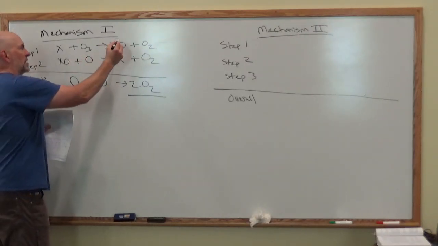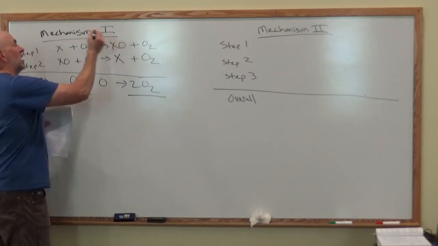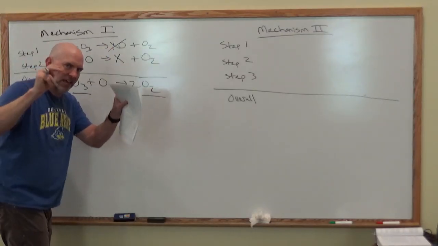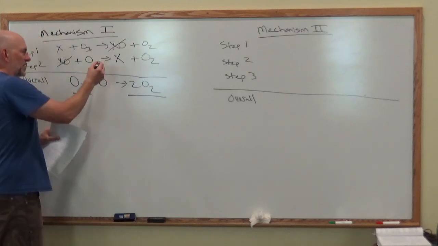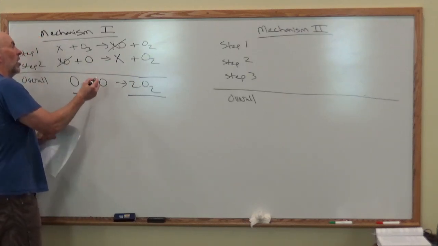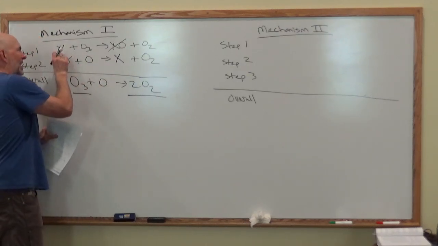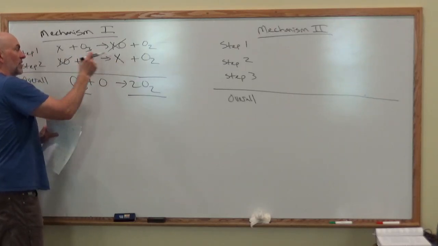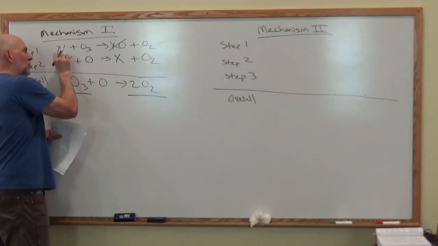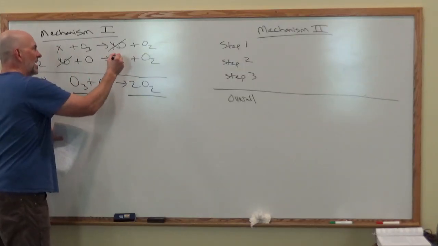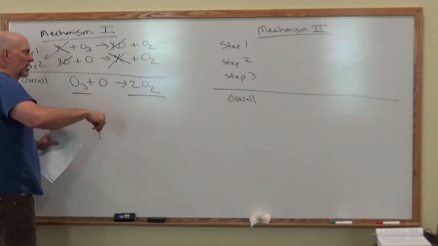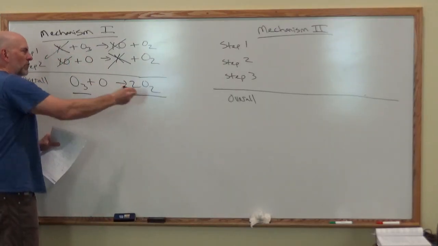And this also illustrates the concept of an intermediate species. The intermediate species is produced, then it's used, so it ends up canceling. It's not really canceling, but does not appear in the overall equation. Also, the free radical catalyst is regenerated. So that's a definition of a catalyst. It's used, but then it's regenerated, and it also does not appear in the overall reaction.